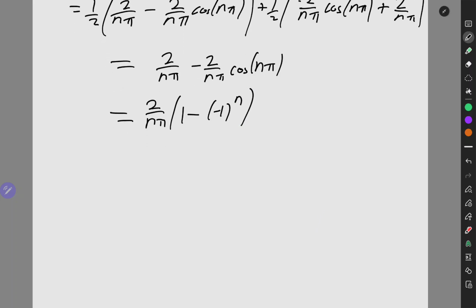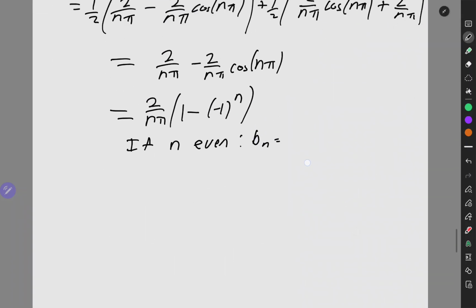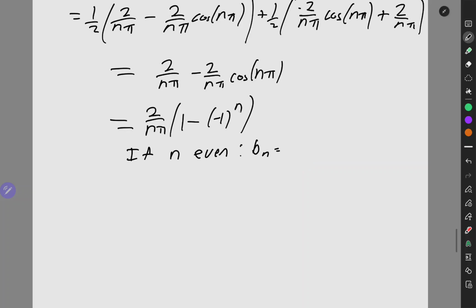Right, so now let's do our little test. We could leave it like this, but this one's easy to simplify, right? If n is even, oh sorry, this is b sub n, that's 1 minus 1, that's 0.